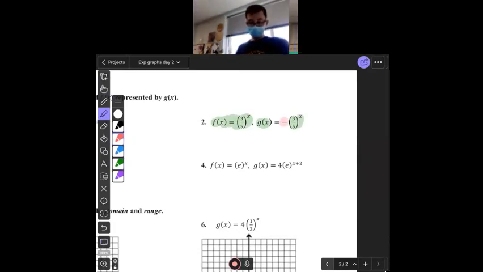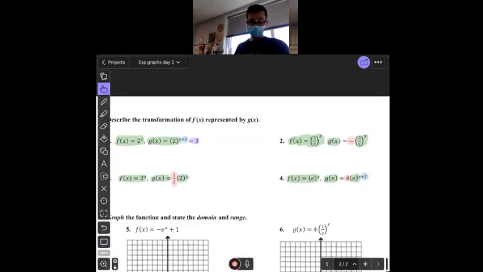I'm going to make sure I talk about that negative. Your e to the x, g of x equals e to the x. What's different? Ooh, I've got a 4 I need to talk about. I've got a 2 I need to talk about. You don't need to talk about the function, talk about what's different about the two functions. Just kind of paying attention to that.